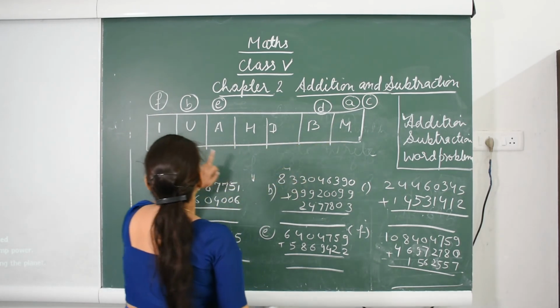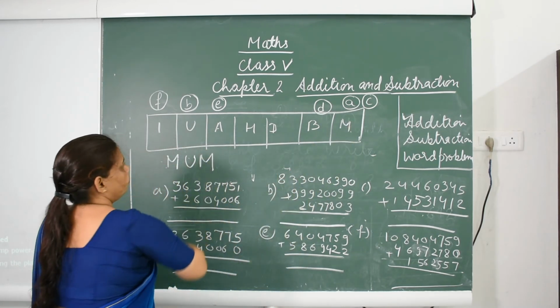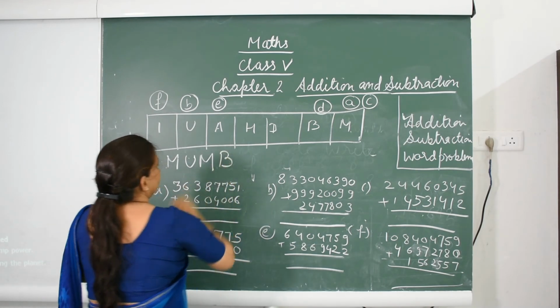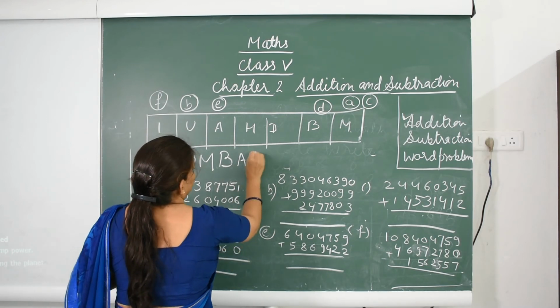A, M, B, U, again C, M, and D, B, and E, A, and F, I.